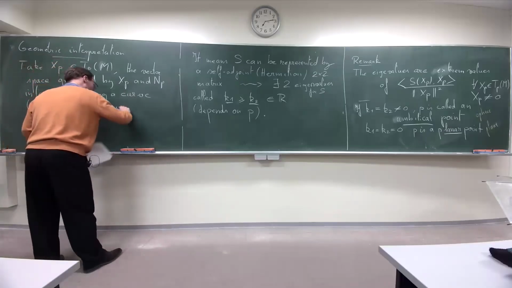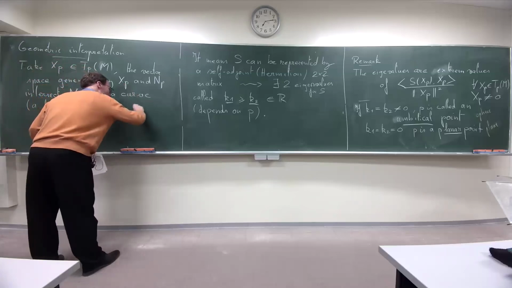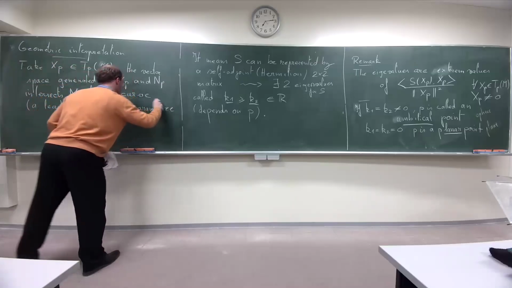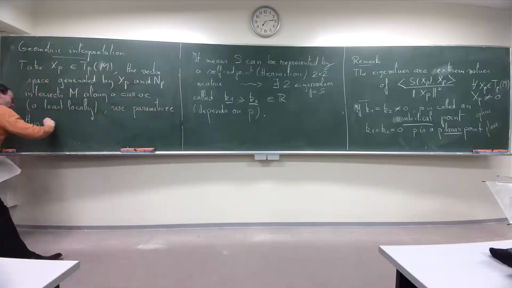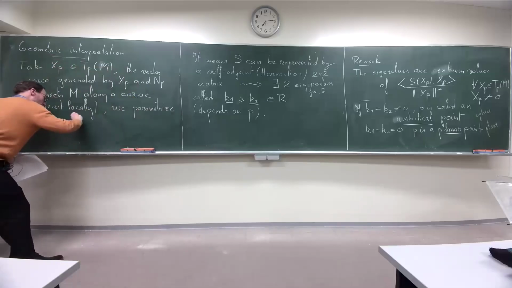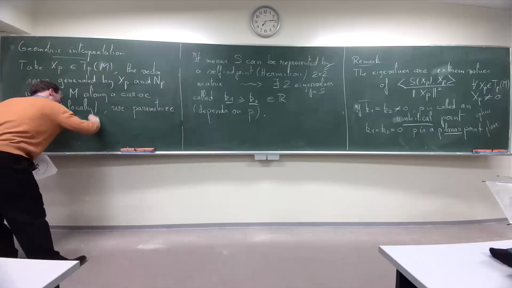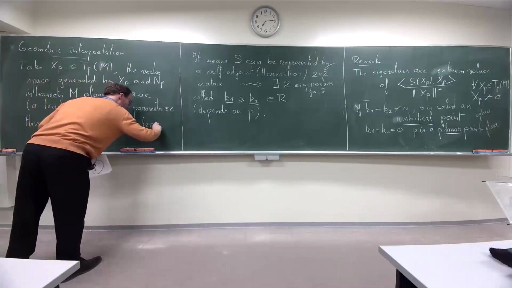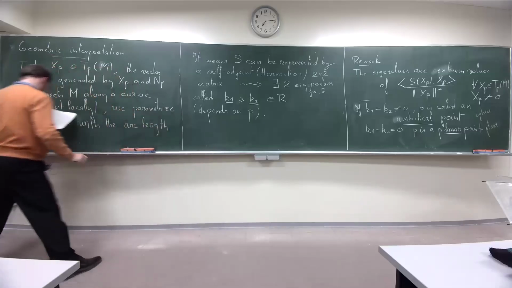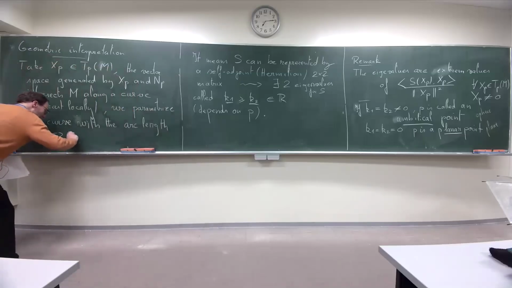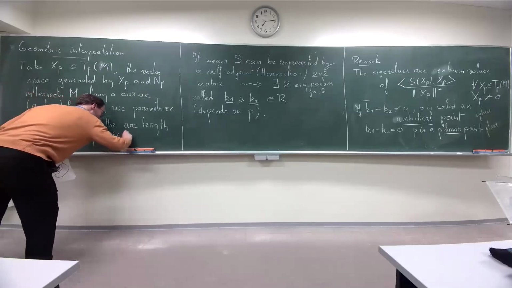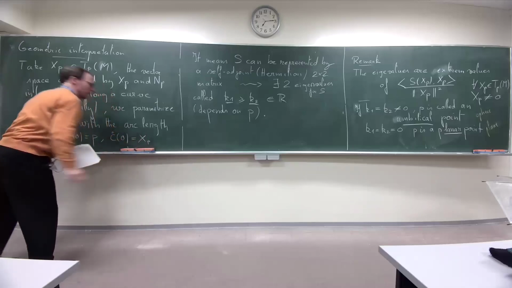And we can parameterize this curve with the arc length. We can always do this. And if you do it, it turns out that C of 0 is of course the point P, and its derivative is the vector xp we started with.